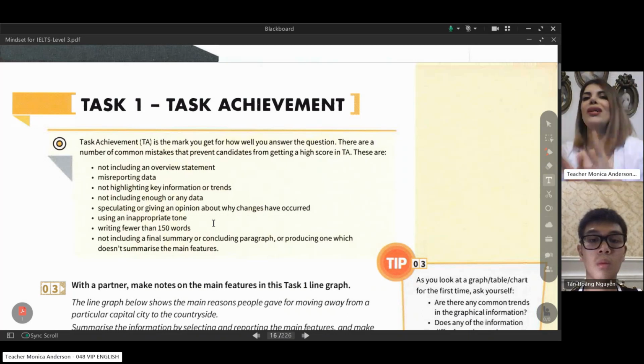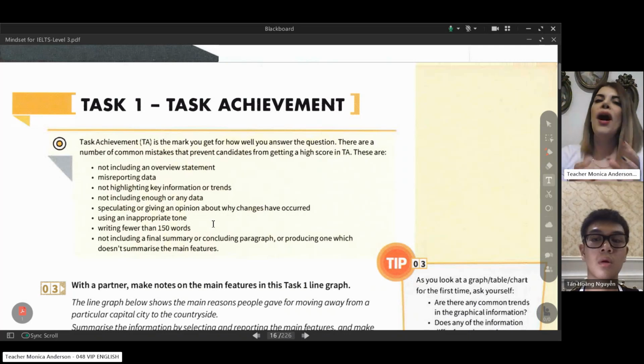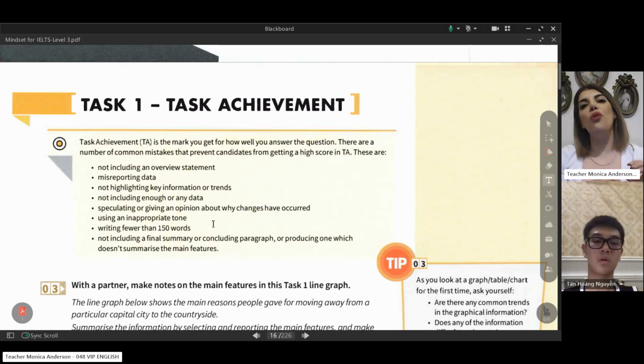When we say summary, it's different from the summary that we have in Task 2, or writing general. In Task 1, as I told you, we have 4 paragraphs, but you can write an introduction, main body, and overview.